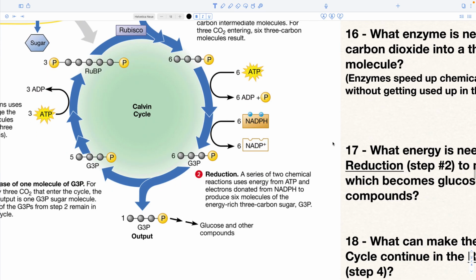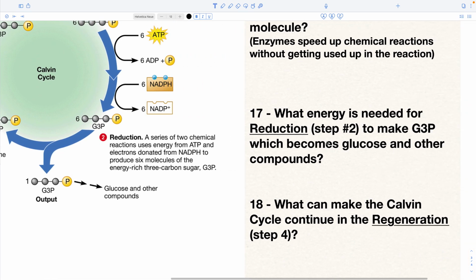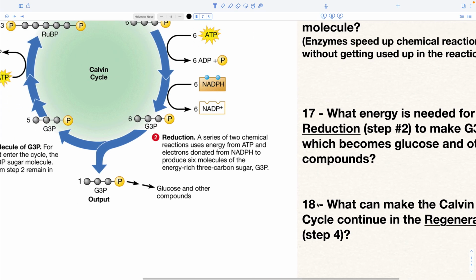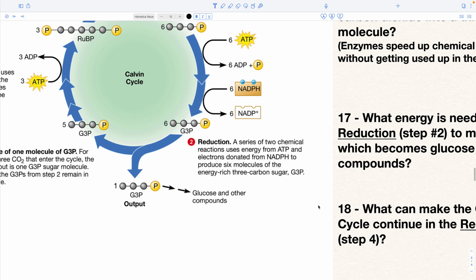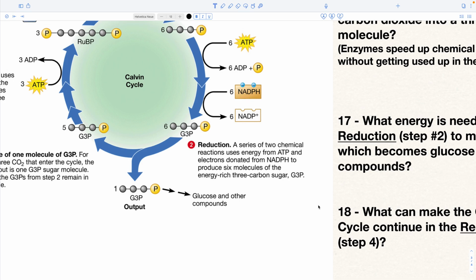So question number 18, what can make the Calvin cycle continue? ATP. Remember doing that in the photosynthesis interaction, where you had to first drag ATP into that area and then grab this molecule up there?